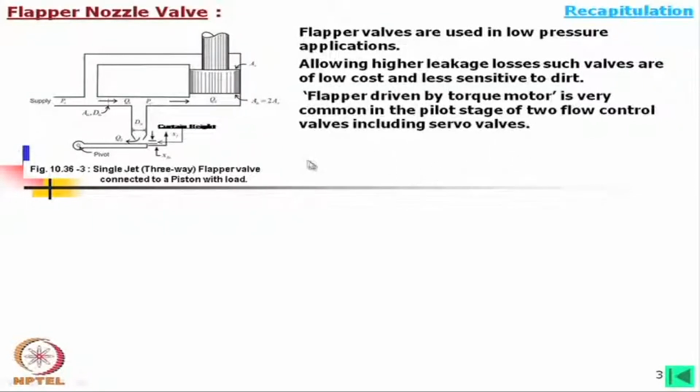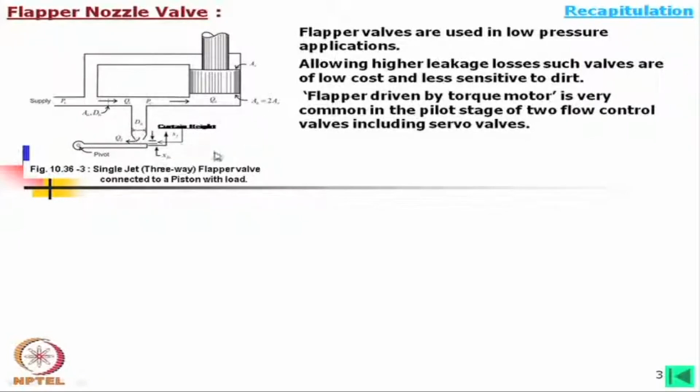Now, in that case, what we look at is comparable with a 3-way spool valve, with a single flapper jet application of the 3-way spool valve mechanism.